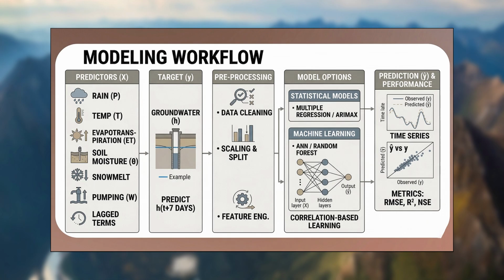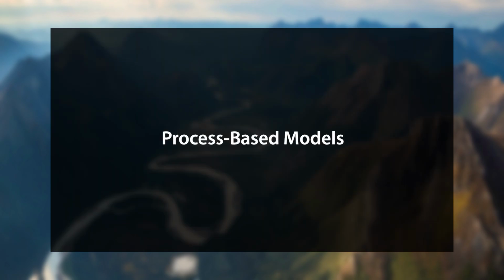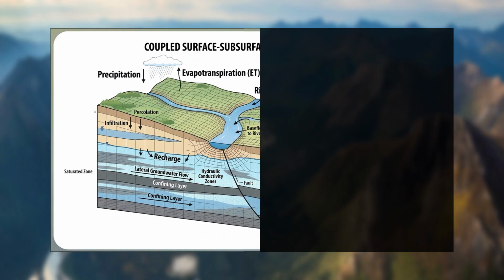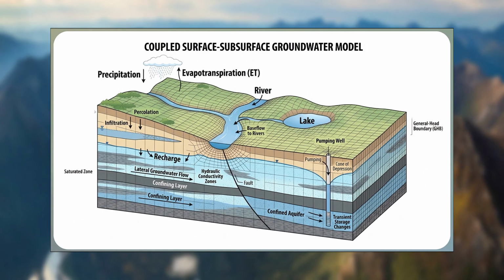Now, if we talk about the process-based models, process-based models are favored for most serious investigations, which rely on the principles of physics such as the conservation of mass and the basic law of fluid flow, that is Darcy's law, to describe the water movement mathematically.